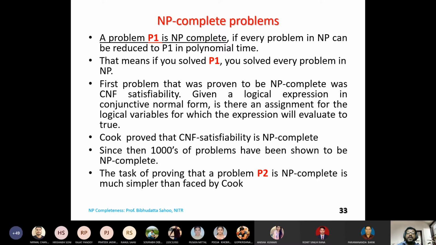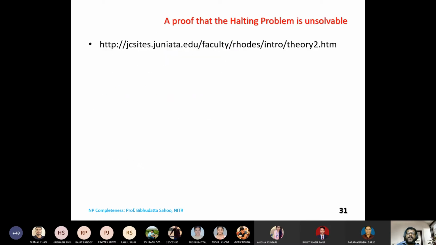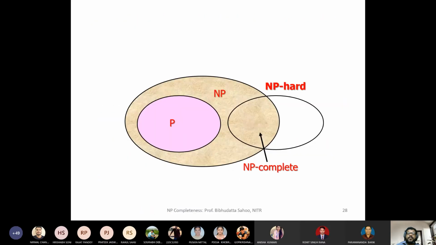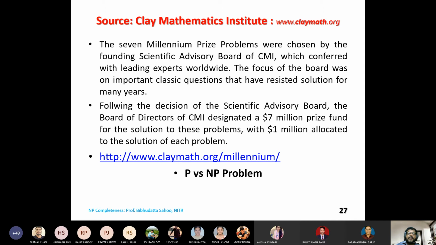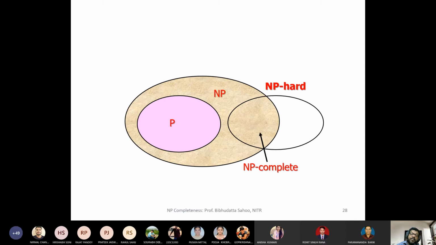And if you look into that flow chart, yes, this is NP. NP complete is a subset. NP is the set of problems for which we do not have a polynomial time algorithm. Look into this first diagram only.